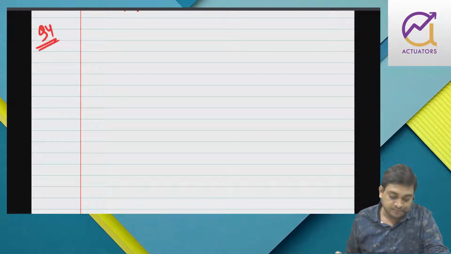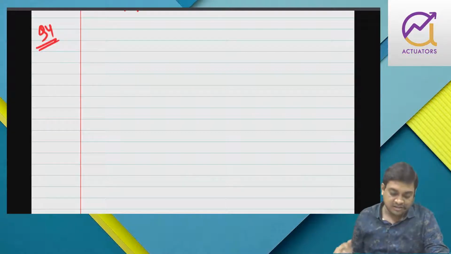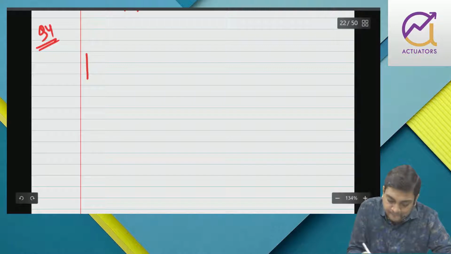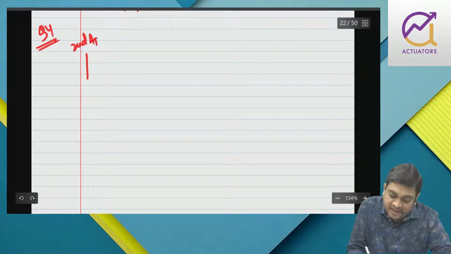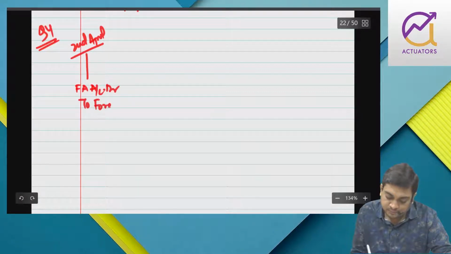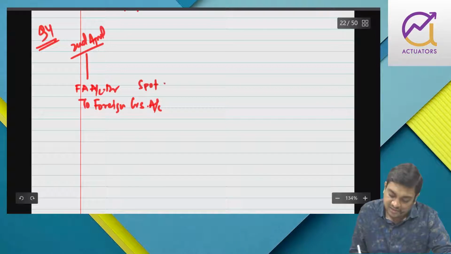Okay, fine. When the liability is settled as per terms on 10th of September, just after 6 months, within 6 months you have to settle, right? So 2nd April you purchased, so it will be fixed asset account debit to foreign creditors, and it will be converted at the spot rate.